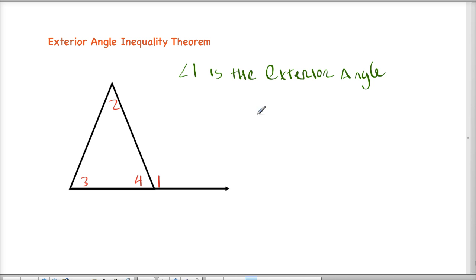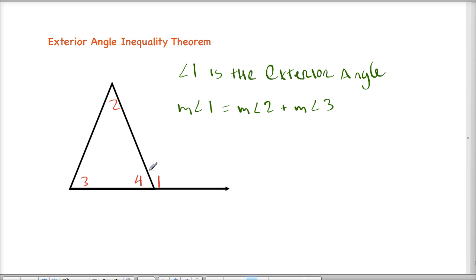So angle 1 is the exterior angle, 2, 3, and 4 are the interior, and we'll remember from a previous chapter that the measure of angle 1 equals the measure of angle 2 plus the measure of angle 3, right? That's called the exterior angle theorem. And we could prove this by using what we know about the sum of the interior angles, that the measure of angle 2, measure of angle 3, and the measure of angle 4 all add up to 180.